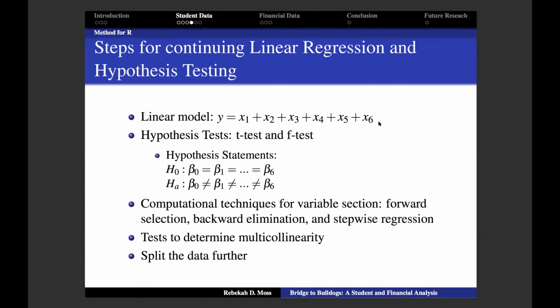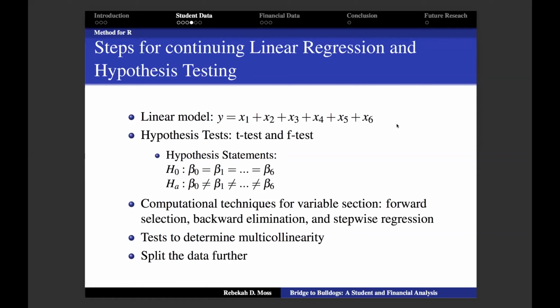This was our linear model that we used, where y was the overall grade received, and each x here is the 6 factors that we talked about previously. And after coming up with the linear model, we used hypothesis tests, the t-test and f-test, to determine which variables were significant.